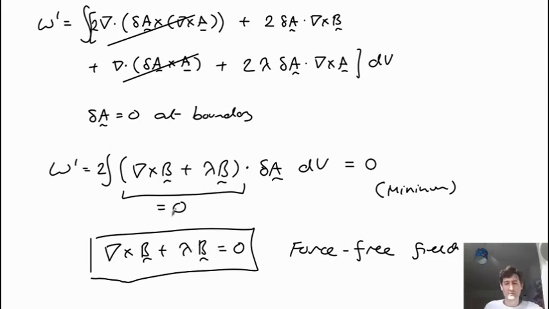And so this is useful in many situations where you have a relaxing field, such as in reverse field pinches, or spheromaks, another example, where you inject a plasma and it relaxes to form closed field lines, and then you can use this relationship to predict what that will be.